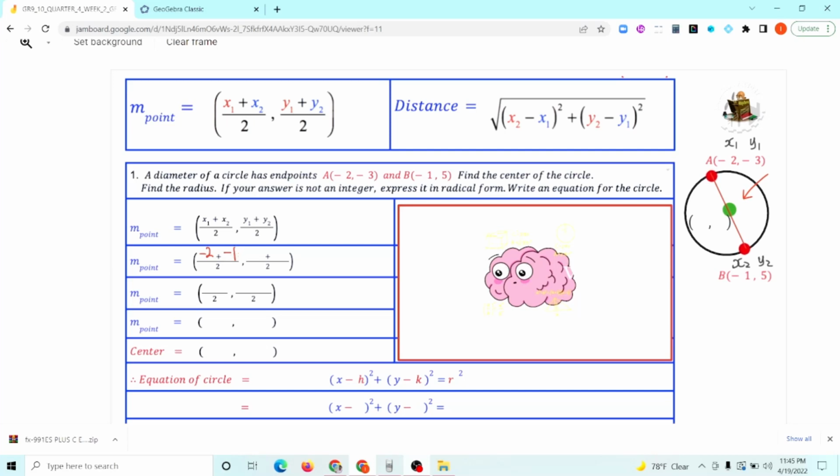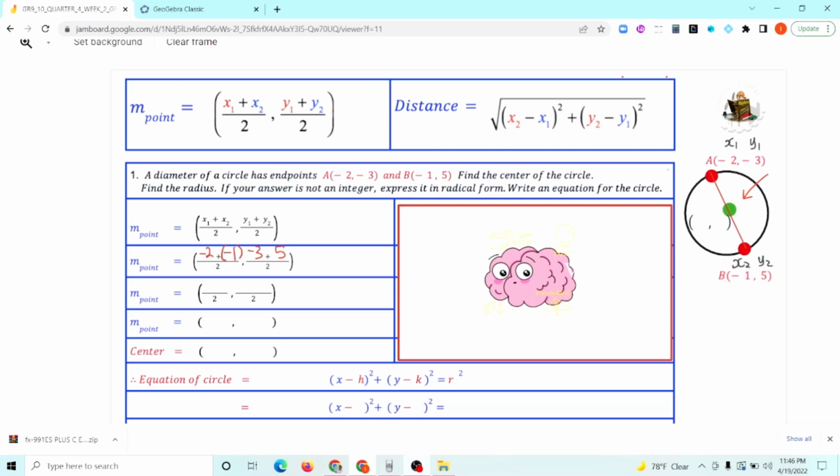As you can see, I'm just substituting. What's my y sub 1? My y sub 1 is -3. And what's my y sub 2? Well, that is just 5. Right, so I'm done with the substitution.